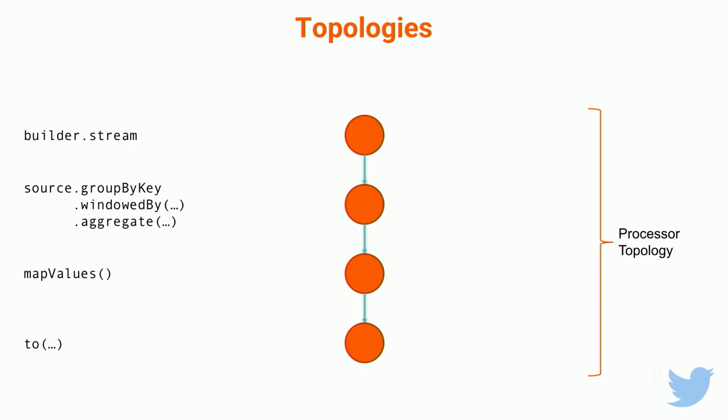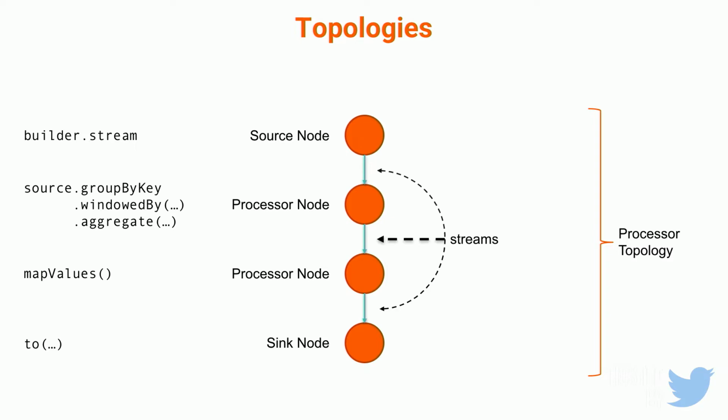For all of these steps, we're creating one processor node. So we have a source node, we have some processing nodes, we have a sink node. And data is flowing from node to node, so we have data streams connecting those nodes. And as I mentioned, this aggregation is giving us a table. So for this processor node, we need state that we need to handle. So we also create a state store.